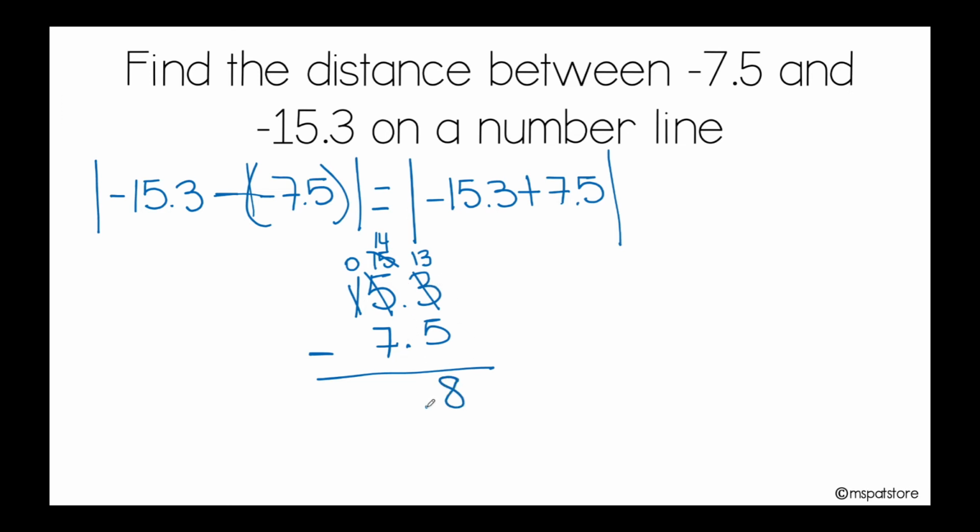Now bring down the decimal point. 14 minus 7 is equal to 7. So my answer is, as the greatest absolute value is negative, absolute value of negative 7 and 8 tenths, which is equal to positive 7 and 8 tenths. That will be your answer.